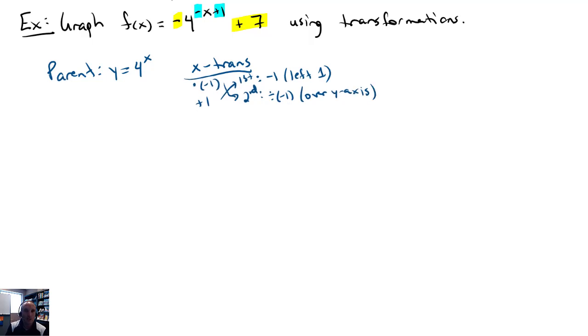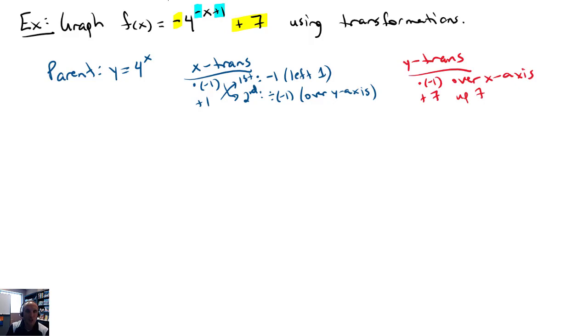My y transformations are, as you see, multiply by this -1 and add 7, in that order. So multiplying y by -1 reflects it over the x-axis. So we've got a couple reflections here. Adding 7 shifts it up 7 units.